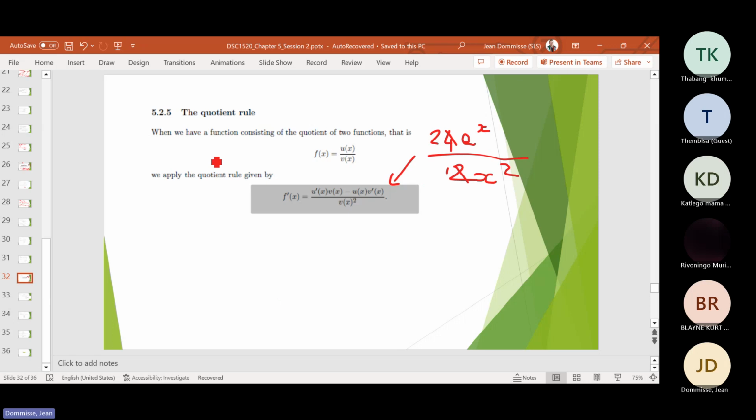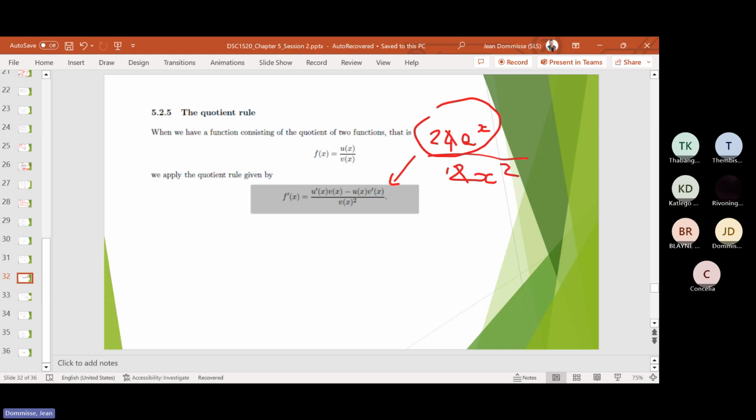Quotient rule, here you need to at least keep a bit of structure. Chain rule, we didn't need to, but here you need a bit of structure. So you can call it again u(x) and v(x) if you want to, but basically you need to differentiate the top one. So in this instance, it would have stayed the same.